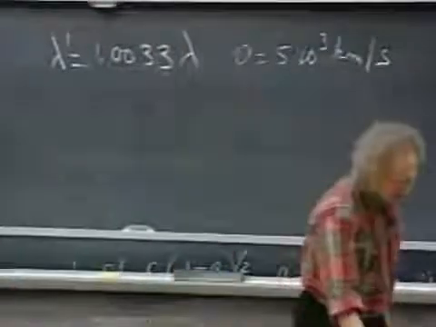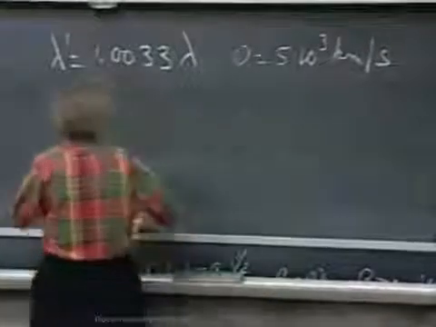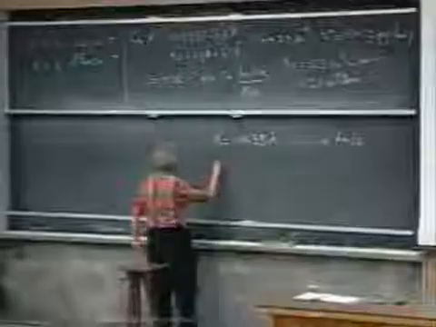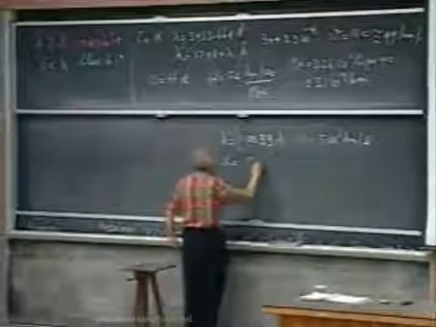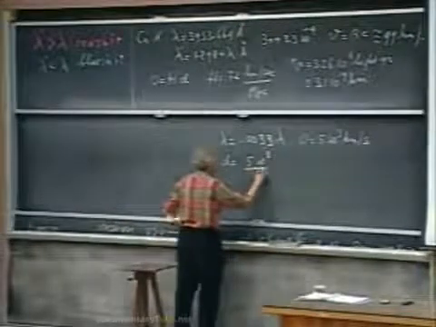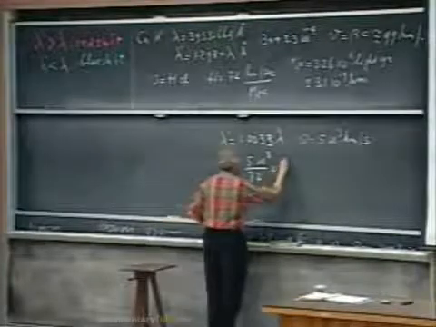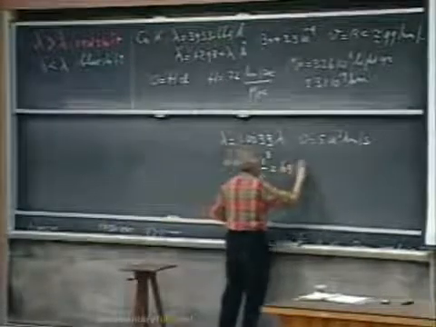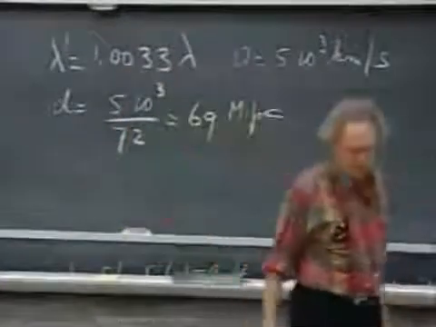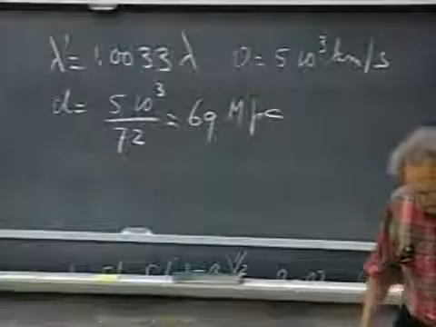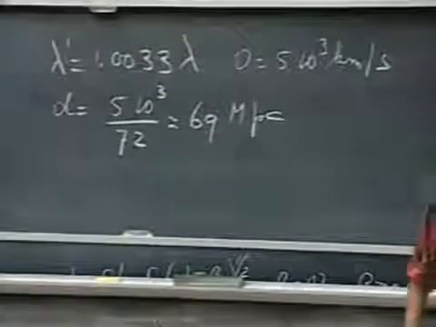Very easy calculation. But now with Hubble's law, I can calculate what d is, because d now is the velocity, which is 5,000 kilometers per second, divided by that 72, and that then is approximately 69 megaparsec. Again, we have the distance, if we do it in these units, in megaparsecs. That's about 225 million light years.